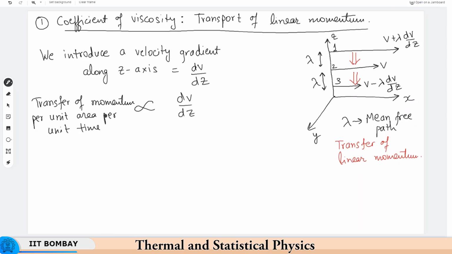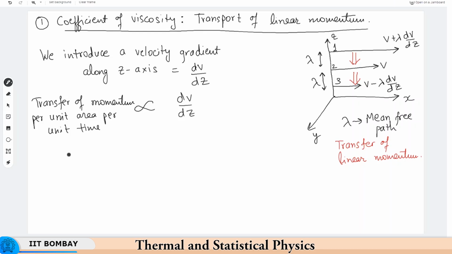Okay. So how quickly this transport of momentum is happening, and what is the magnitude of it per unit area, that should be proportional to dV by dz, right. So if you have a strong gradient, there will be a much larger amount of momentum transfer, right.